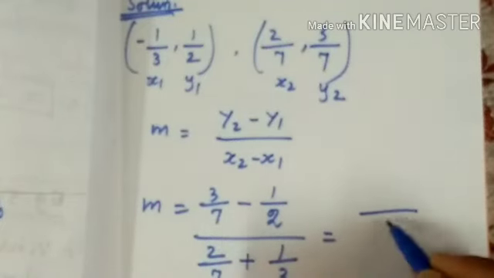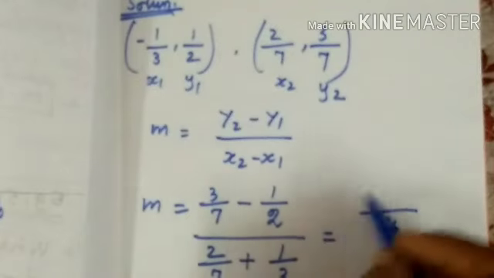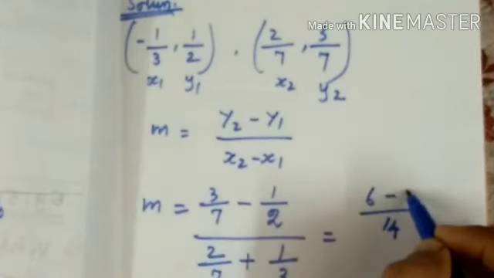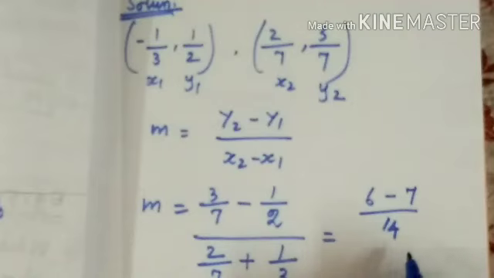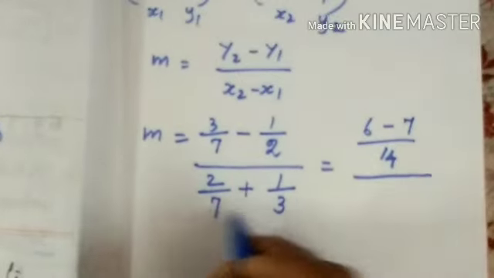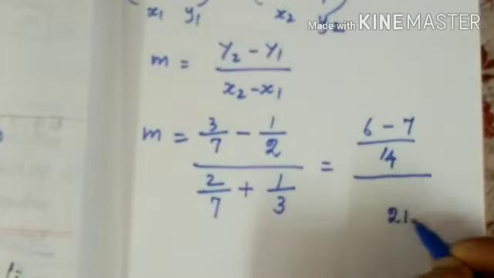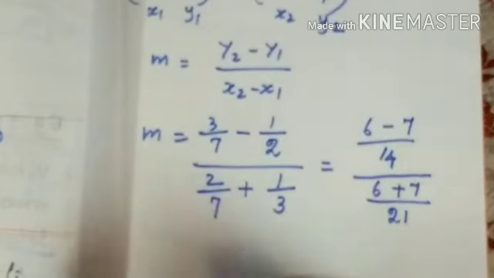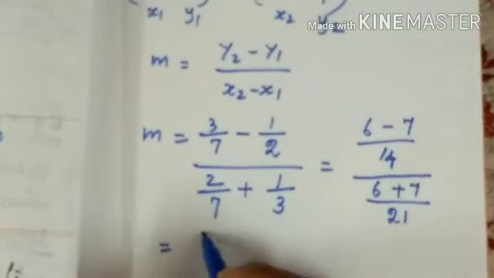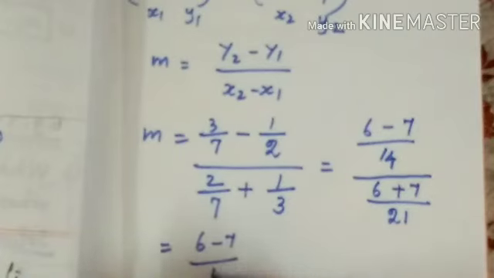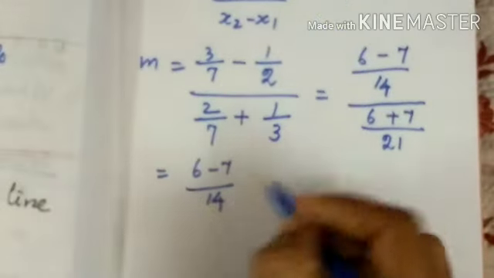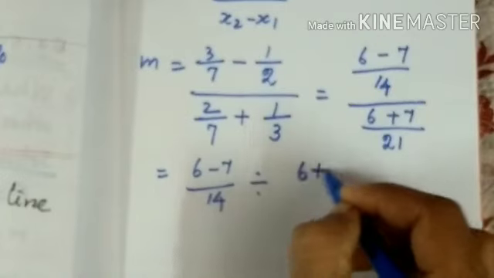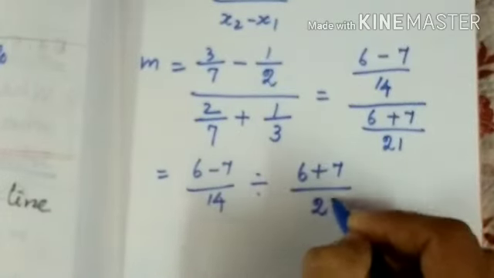We have 14, then 6 minus 7, divided by, here you take LCM 21, 6 plus 7, that is 6 minus 7 by 14 divided by 6 plus 7 by 21.